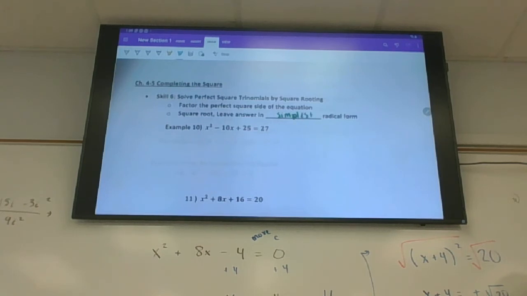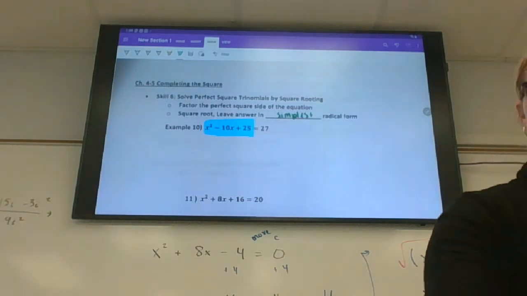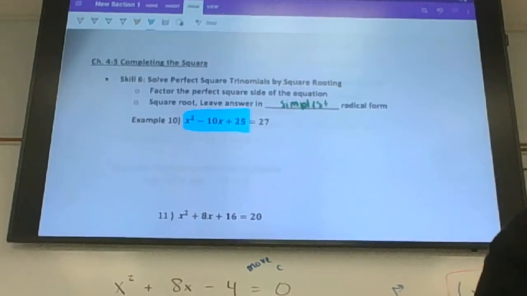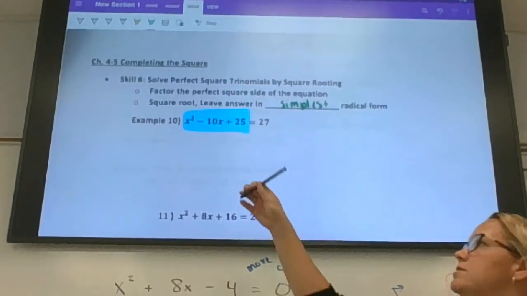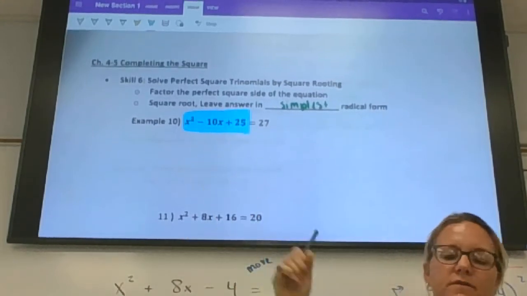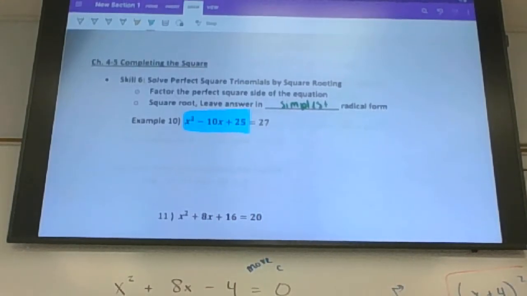Alright, so these problems are set up for you. Go ahead and do what the bullet points say. Go ahead and factor this highlighted part. What multiplies to 25 and adds to negative 10? It would be x minus 5 times x minus 5.